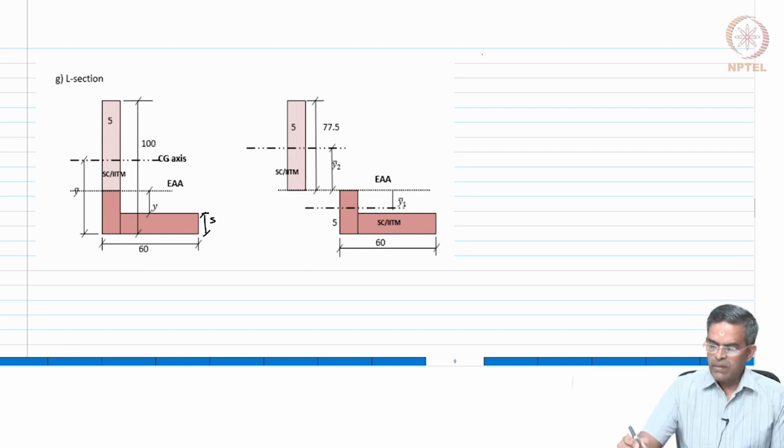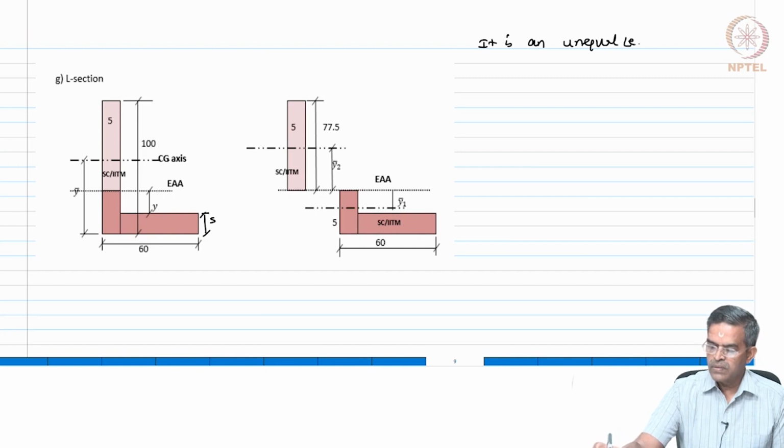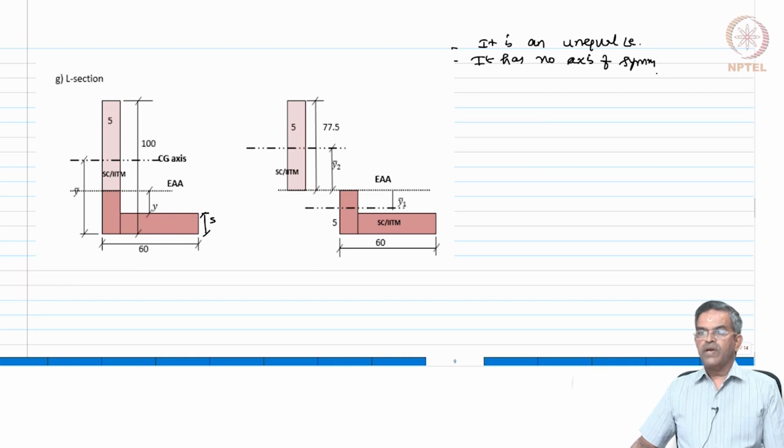It is an unequal angle, so it has no axis of symmetry. So, we need to find out the equal area axis and the CG both.